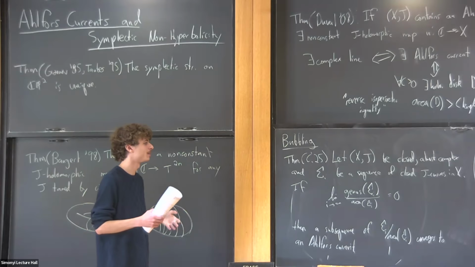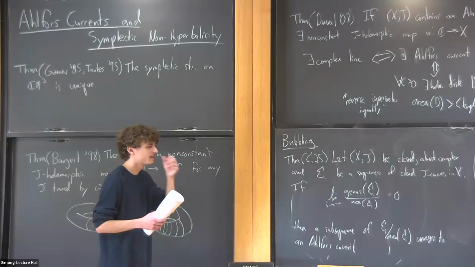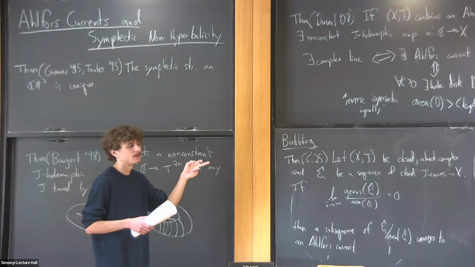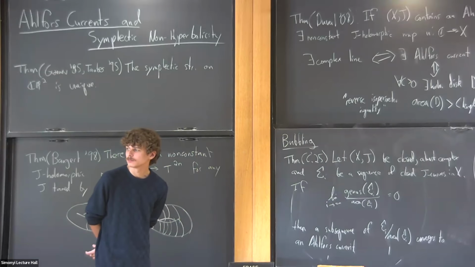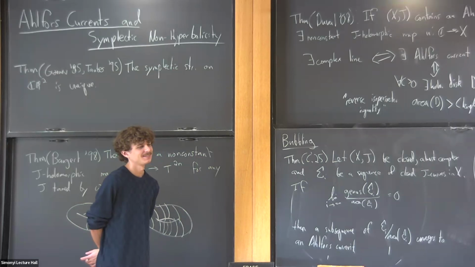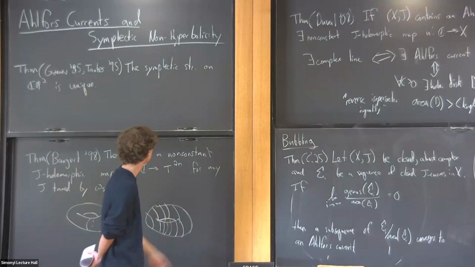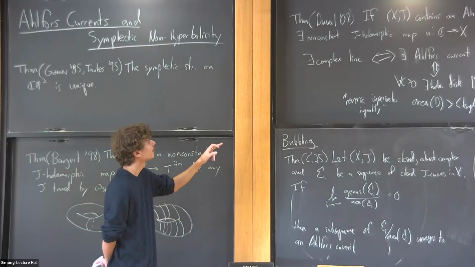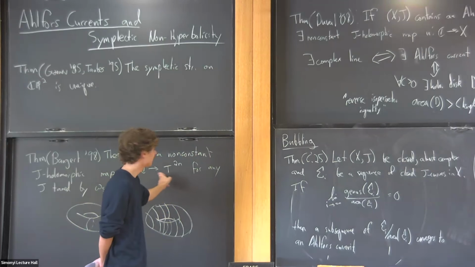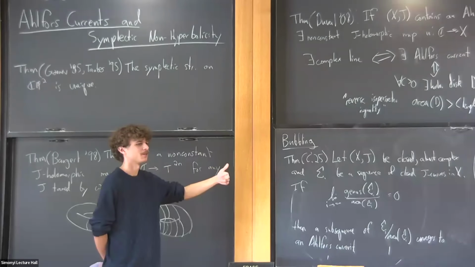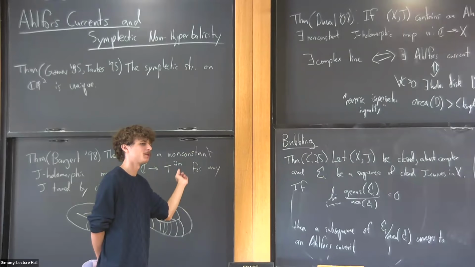So I think that's more commonly studied. But you have to show this is independent of the sequence of disks you choose. Given a complex line, you can sometimes take many homologically different Ahlfors currents out of it, so there's not a one-to-one correspondence.